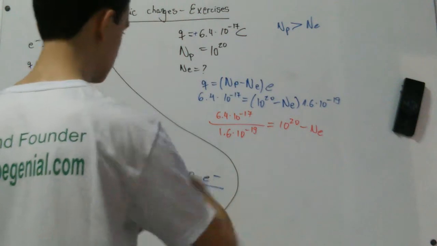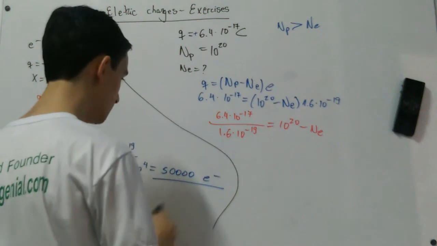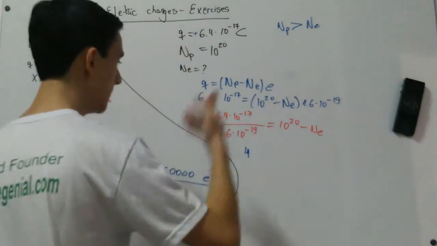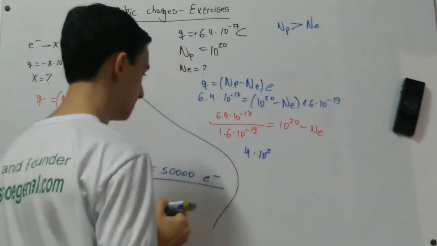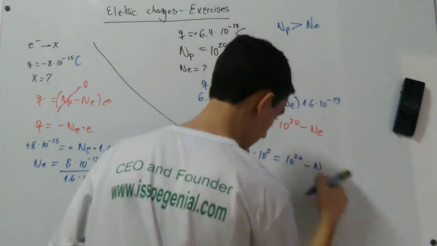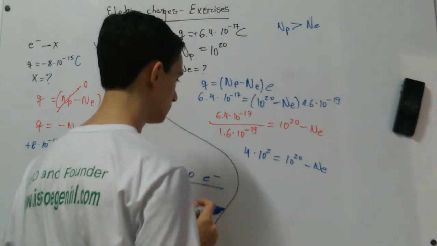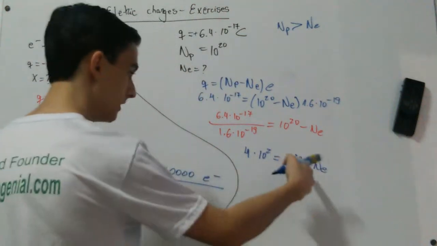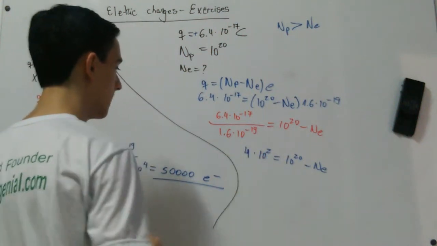So let's make the math simple here. 6.4 divided by 1.6 is 4. And 10 to the power of negative 17 divided by 10 to the power of negative 19 is 10 squared. This is equal to 10 to the power of 20 minus the number of electrons. So what can we do here? We can add the number of electrons to both sides and then subtract the 4 times 10 squared from both sides.